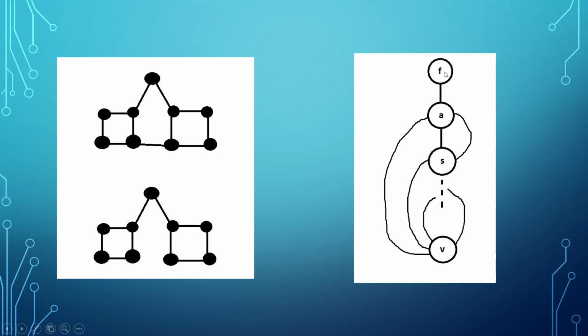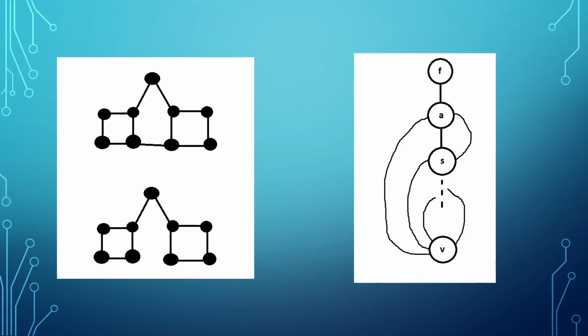Thus every path from F to S contains A. Therefore, A is an articulation point. So we've just proved this lemma from one side.